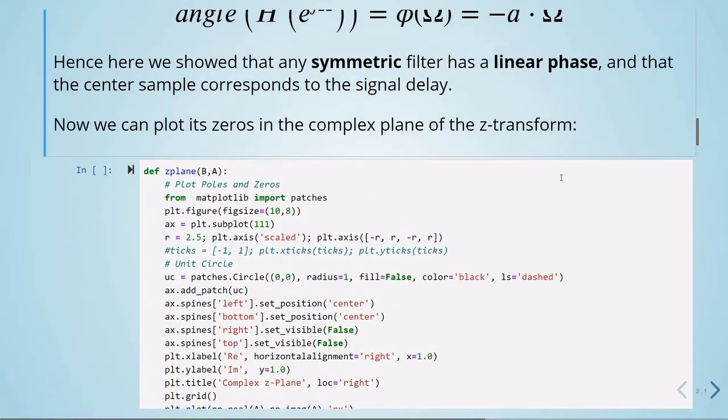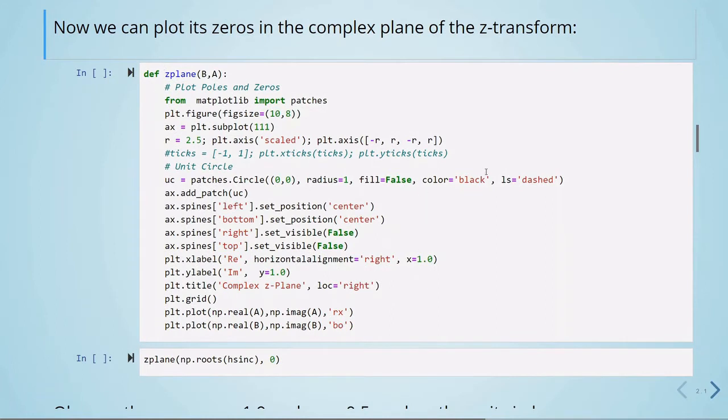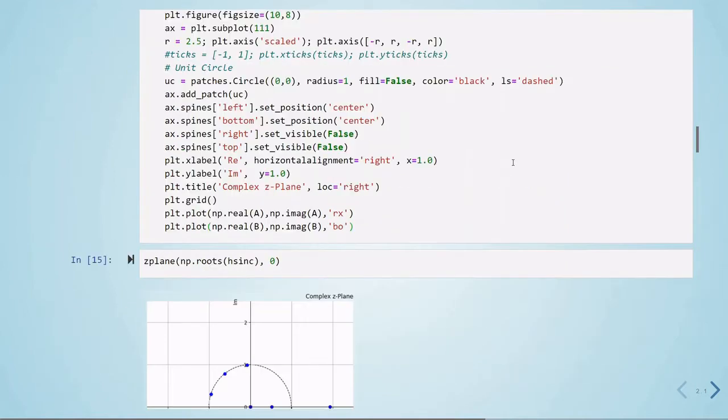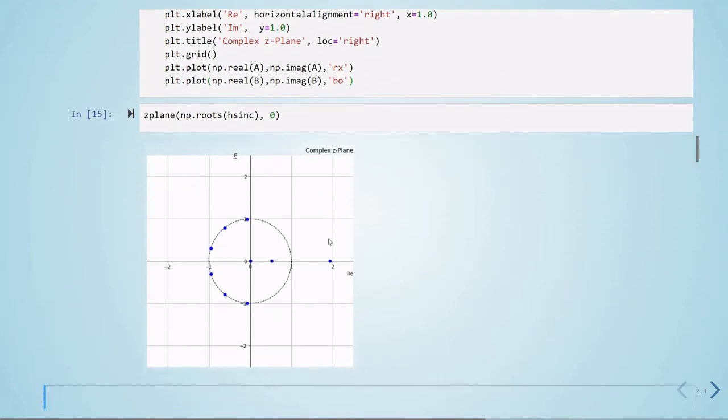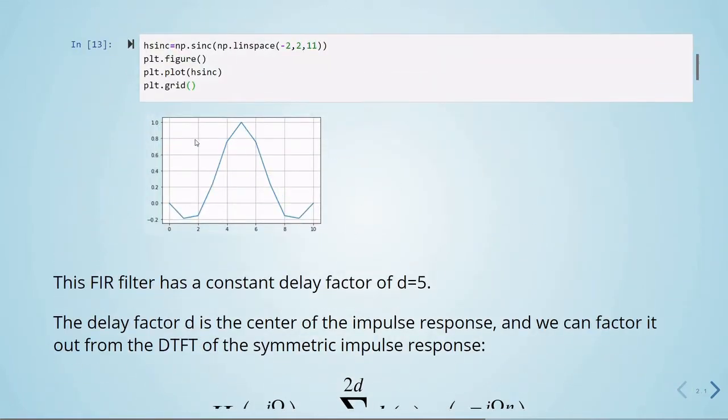So we can plot its zeros in the complex plane of the Z transform. So here we have this function to plot poles and zeros. And here we have this plot. So this is the sinc function, the part of the sinc function here.